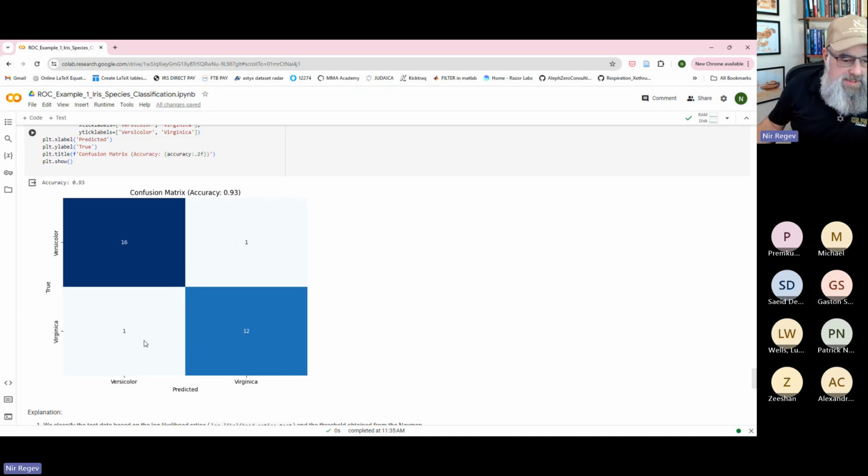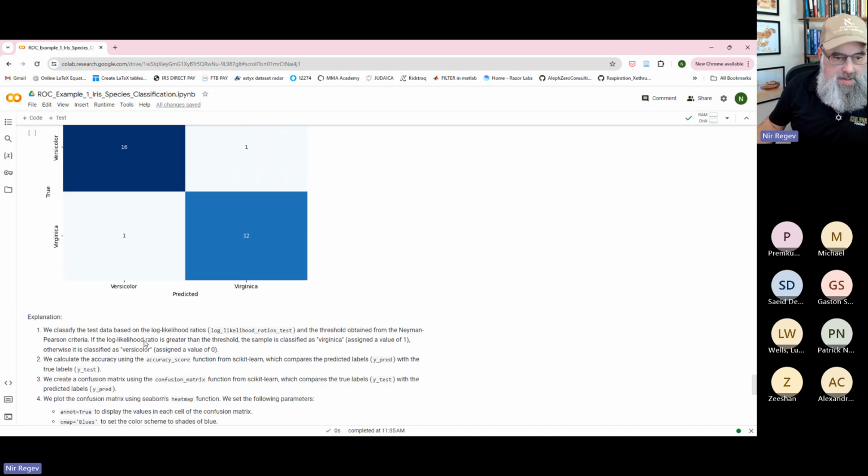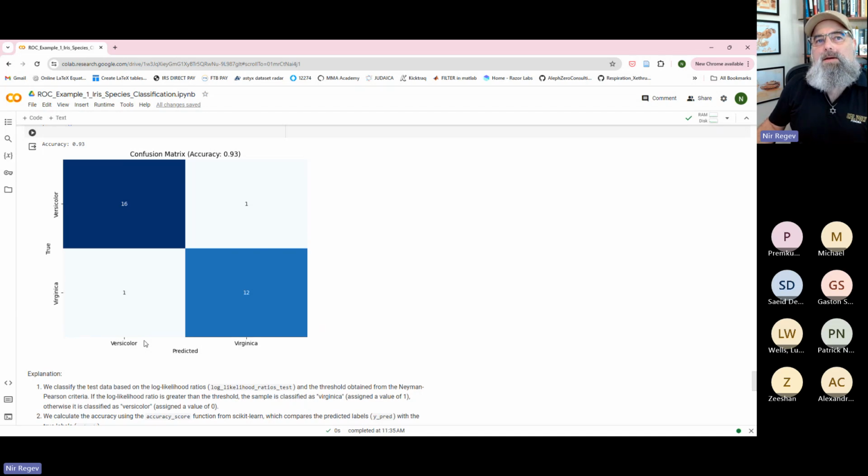So we can see here that this classifier that we built by understanding the ROC curve and setting the threshold and the operating point on the ROC curve gave us an accuracy of 0.93.